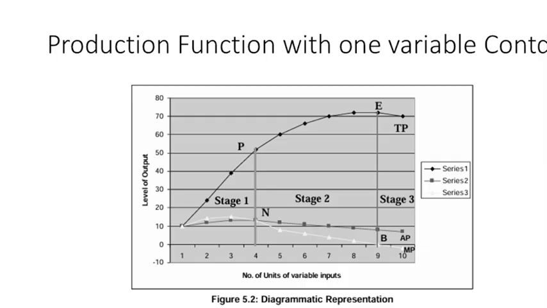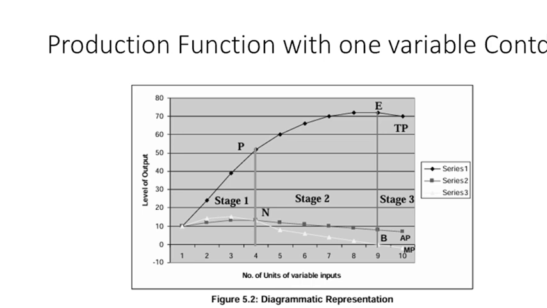That is why from point E, the total production is diminishing. So the producer, to get maximum output, will try to produce during this region, stage 2. So that is the law of diminishing return part.